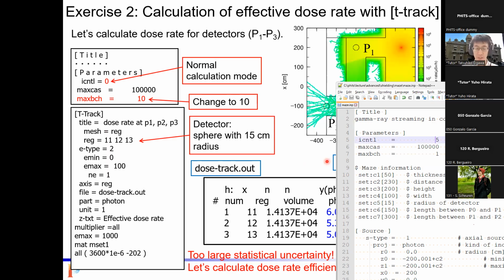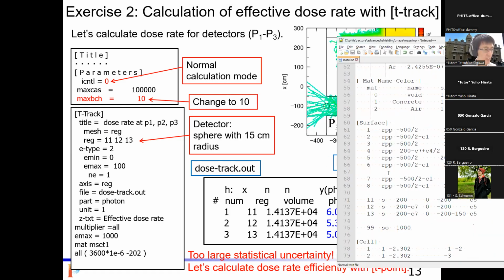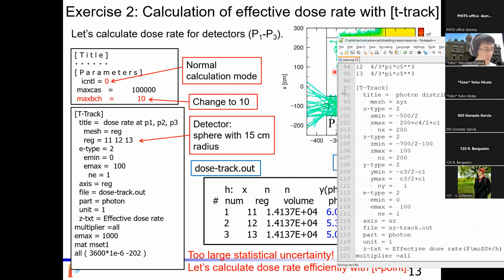Let's do it together. In this exercise, exercise number 2, let's change eye control from 5 to 0. Max fetch 10. And everything else, like T-track, is already set. T-track starts at line number 97.